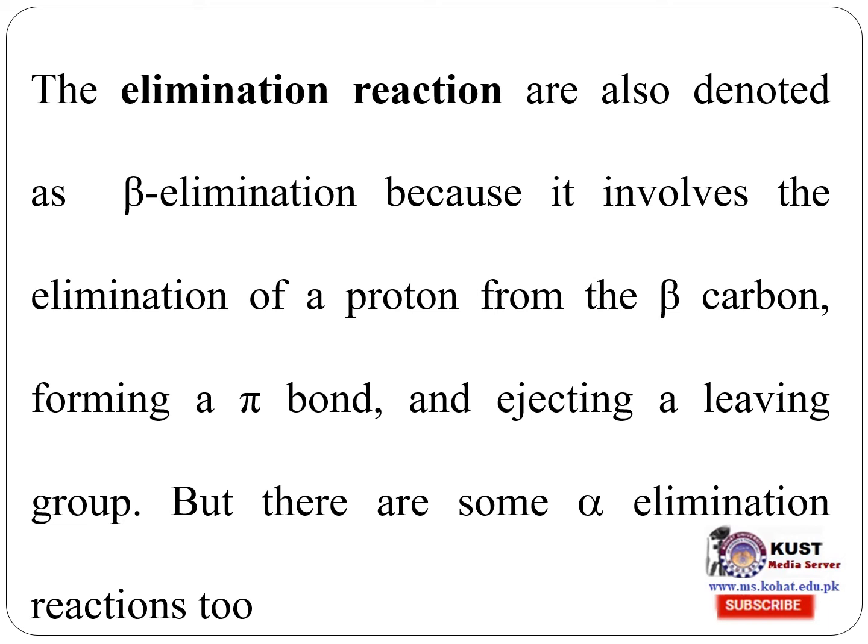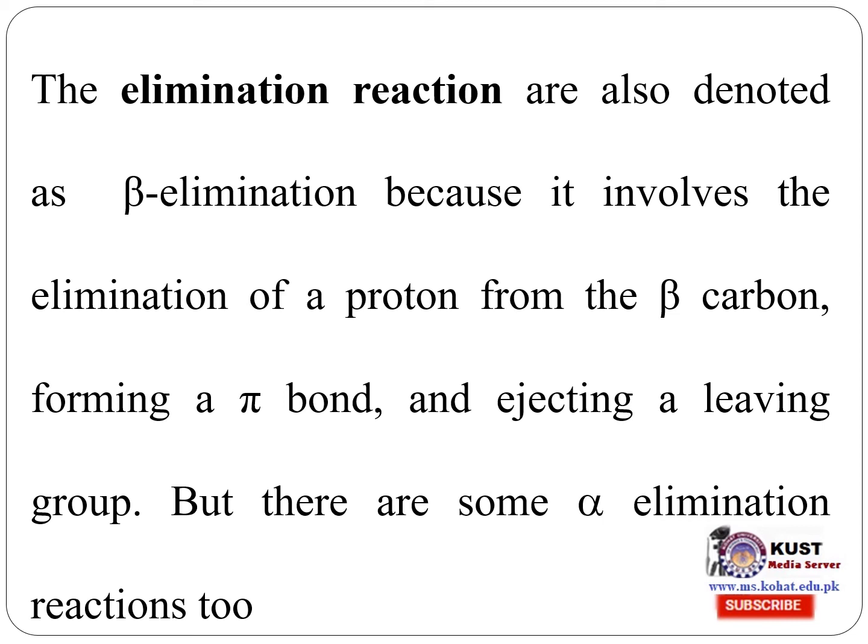The elimination reactions are also called beta elimination because it involves the elimination of a proton from beta carbon. When an elimination occurs, one functional group leaves the carbon and the hydrogen leaves the carbon which is next to the functional carbon, which is the alpha carbon.